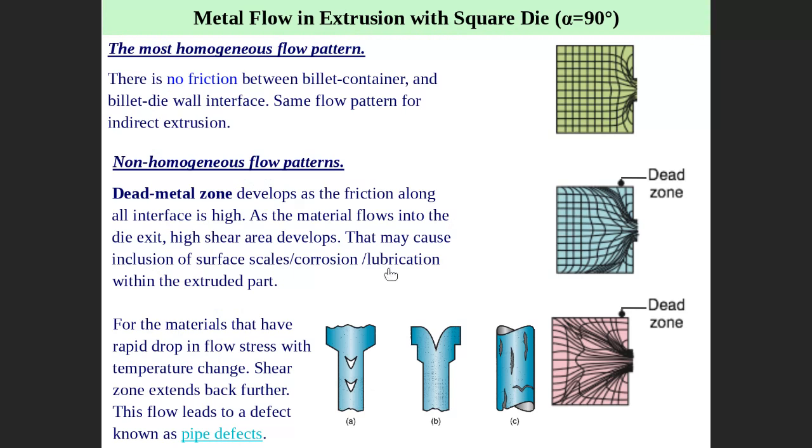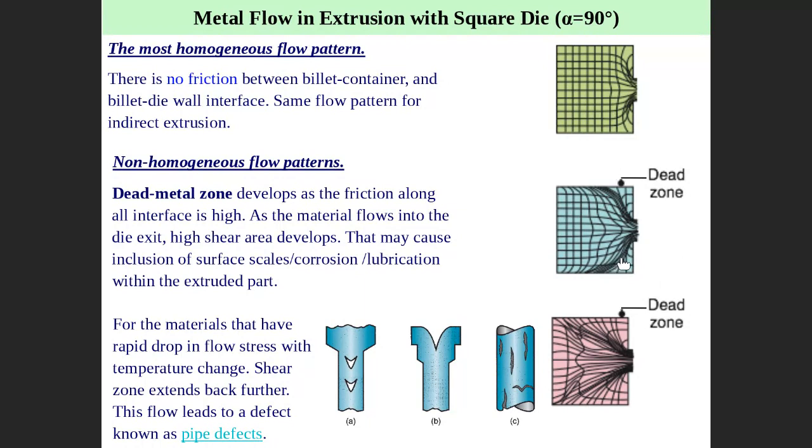If you talk about the homogeneous case, there is no friction. Ideally, if you imagine no friction, it is something like this. But whenever you have non-homogeneous deformation, whenever you have friction in the extrusion process, what we call a dead zone is created.